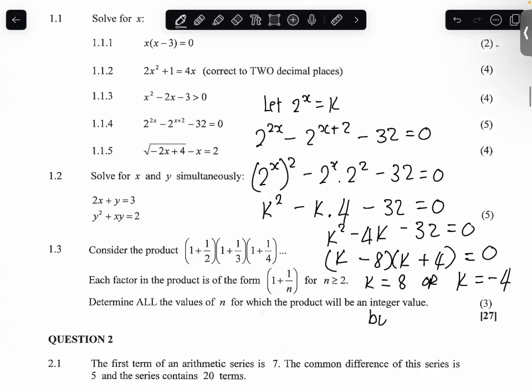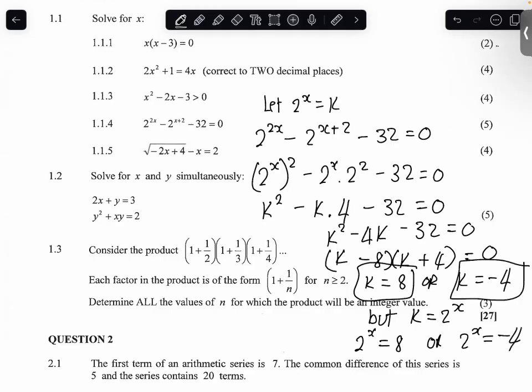But remember, k is 2 to the power x. That means I can write 2 to the power x is equal to 8, or 2 to the power x is equal to negative 4, which has no solution, because a positive base raised to any exponent will never be equal to a negative number, and it will never be equal to 0.